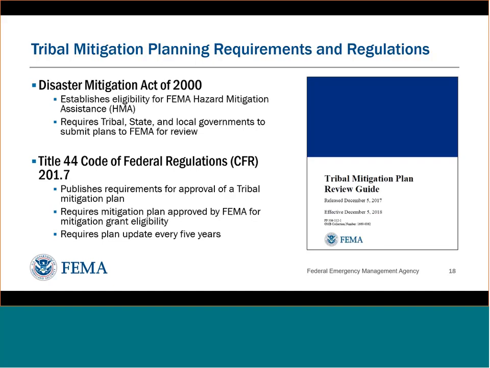And so to go along with this act, new requirements were published in what's called the Code of Federal Regulations, or the CFR, for what's required to be within that mitigation plan. And we've developed these really helpful guides called the Tribal Mitigation Plan Review Guides that really walk through each of those requirements and what needs to be located within that plan.